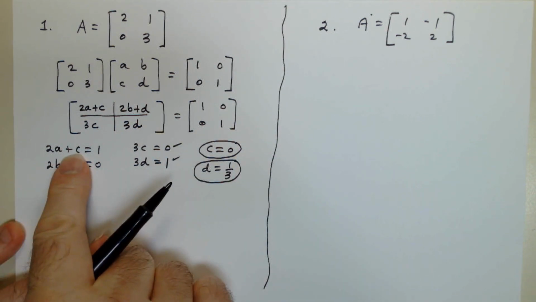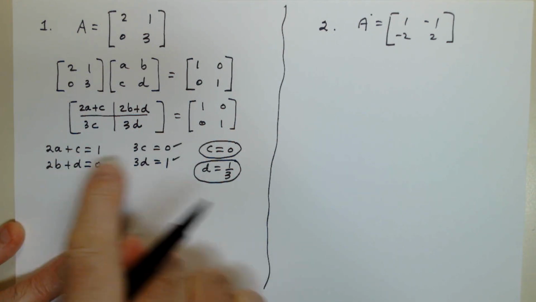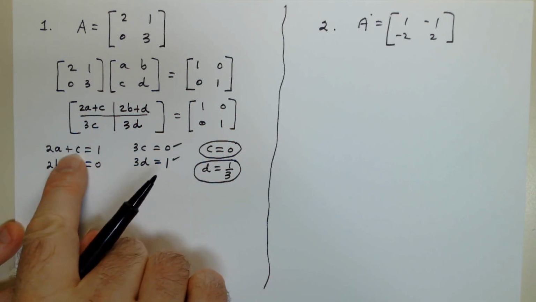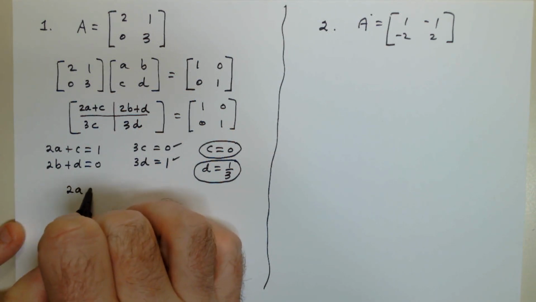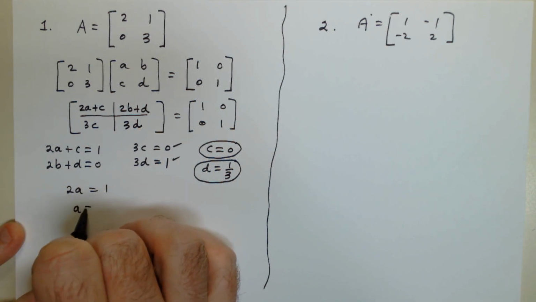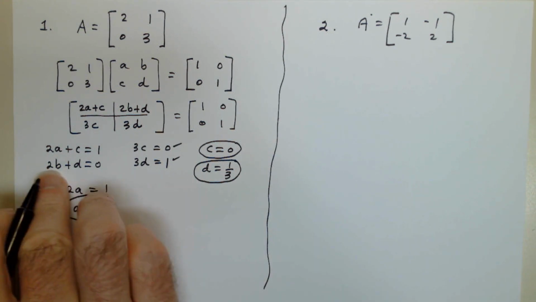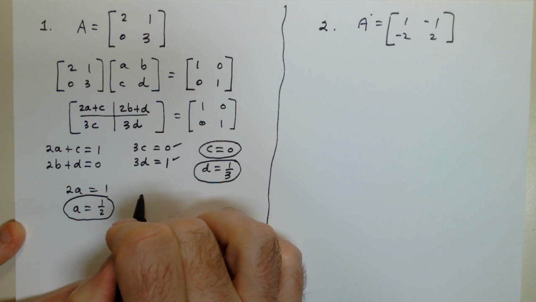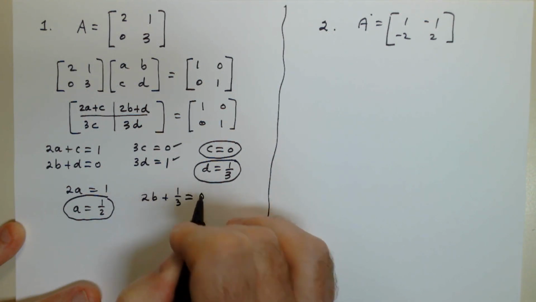And now we can simply go into these equations and solve for A and B. So if C is equal to 0, we can see that 2A plus 0 equals 1. So 2A equals 1, or A equals a half. And then if D is equal to a third, we're going to have 2B plus a third equals 0.